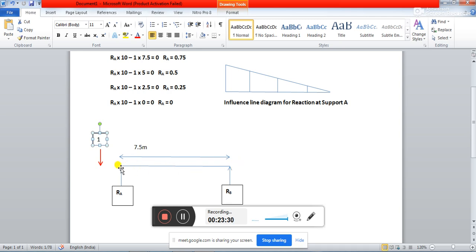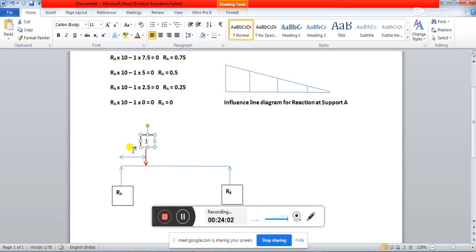So the beam axis, if it is along the x axis, then instead of this 7 meter, we can say that the load, when it is entering the beam, may be positioned at any variable position x from this end.